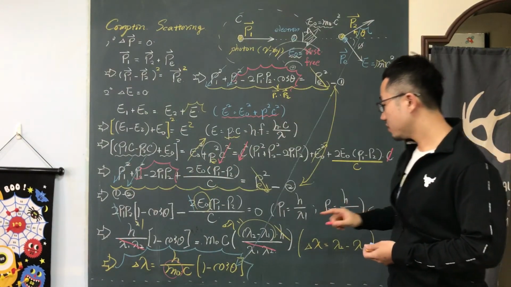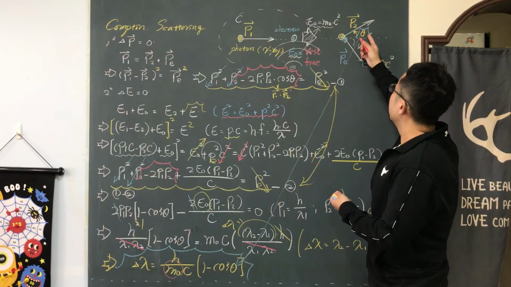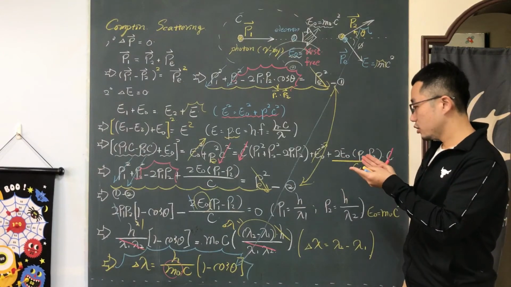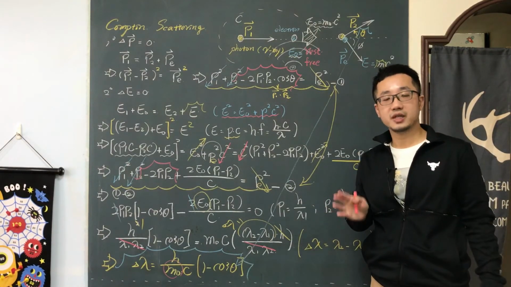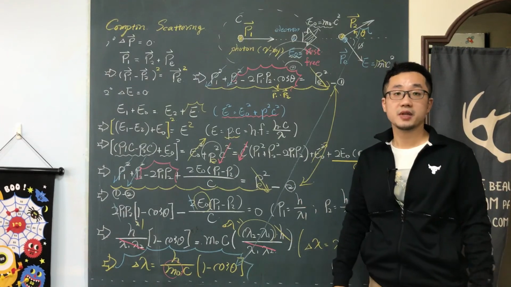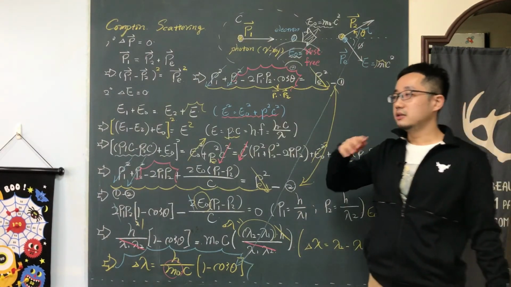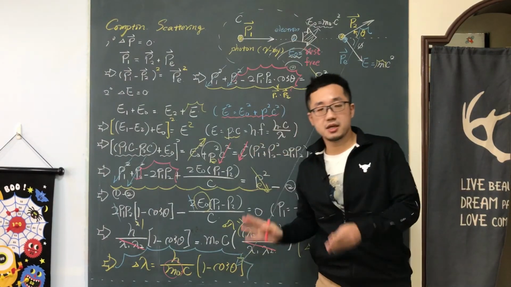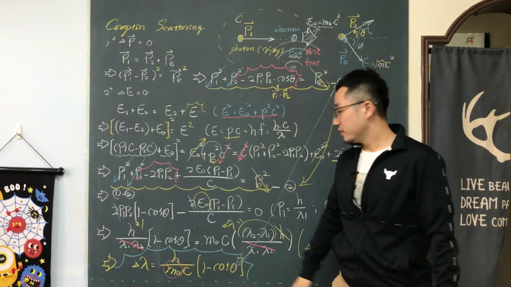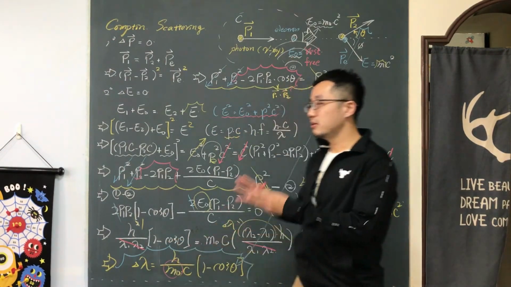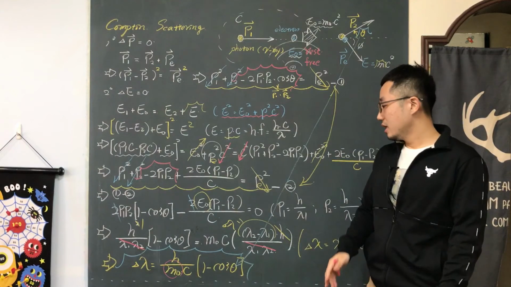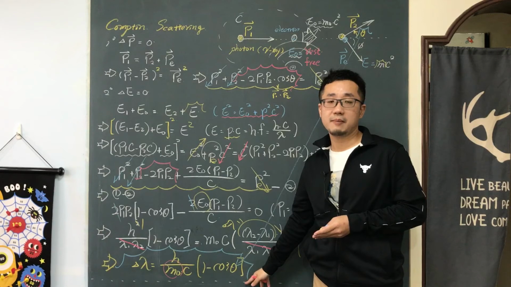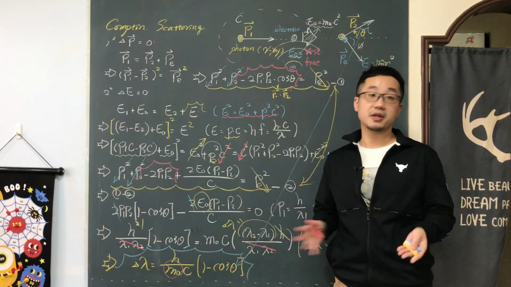So as you can see from this equation, the delta lambda is totally independent of the target material. It doesn't matter whether the target is lithium, boron, or carbon. That doesn't matter. The delta lambda, the difference of the wavelength, only depends on theta, and is independent of the target material.